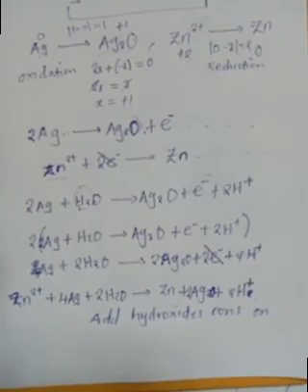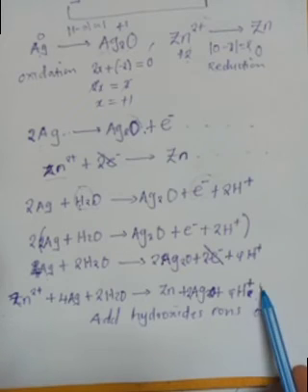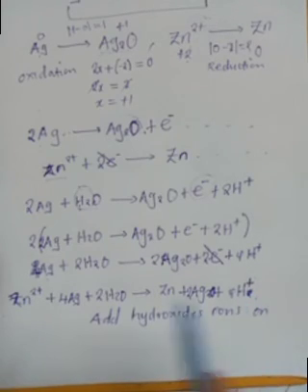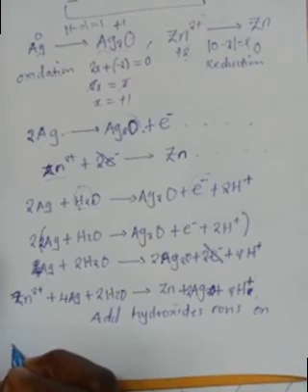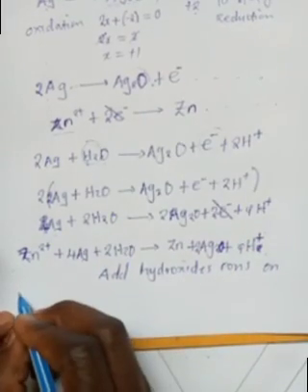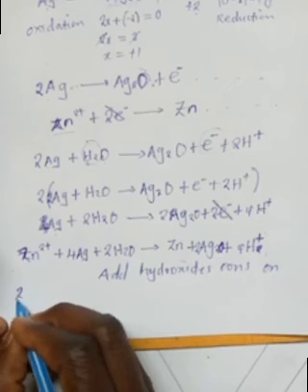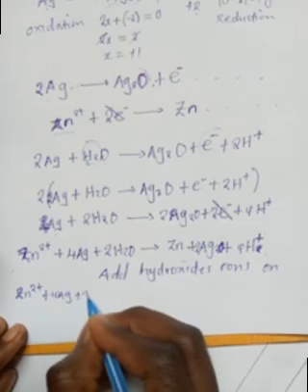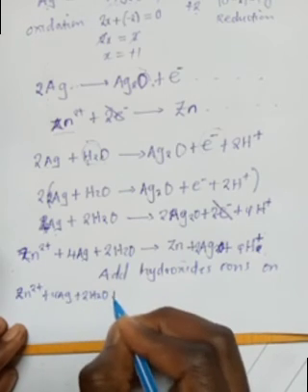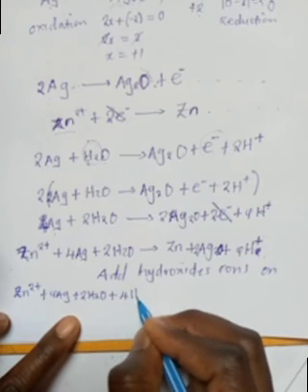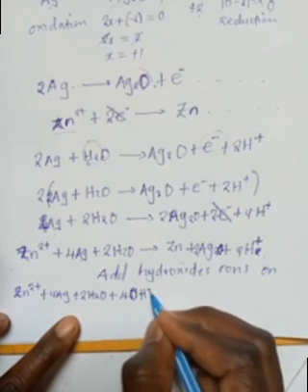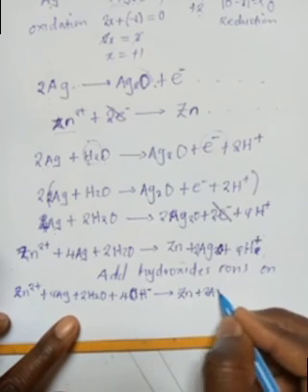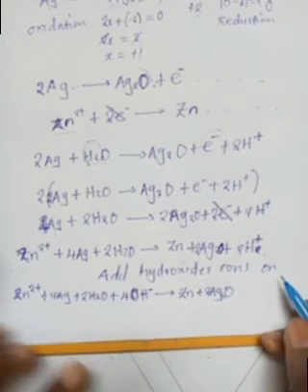So you add hydroxide ions based on the number of hydrogen ions you are having at this given point, meaning that I'll add 4 hydroxide ions on each part. So I'll start from here. Zn2+ plus 4Ag plus 2H2O plus, we have to add 4 hydroxide ions, giving us zinc plus 2Ag2O.